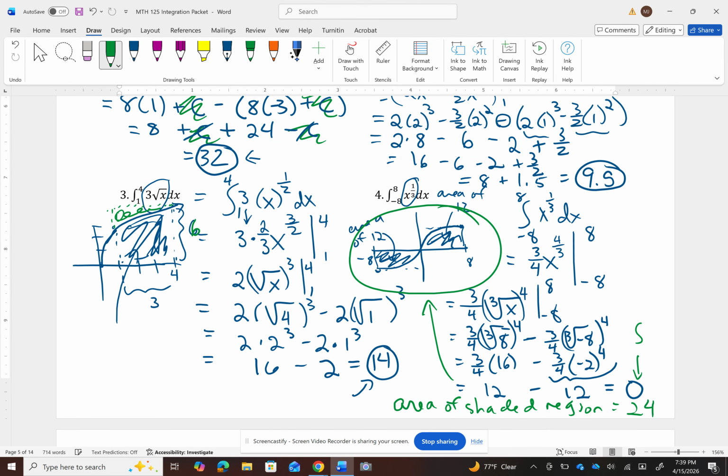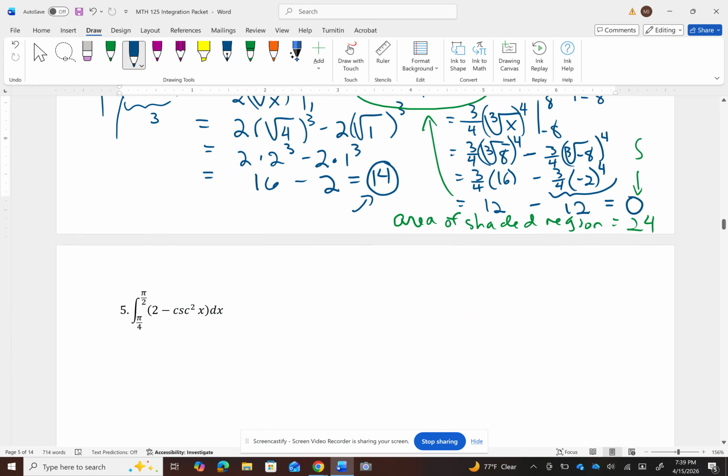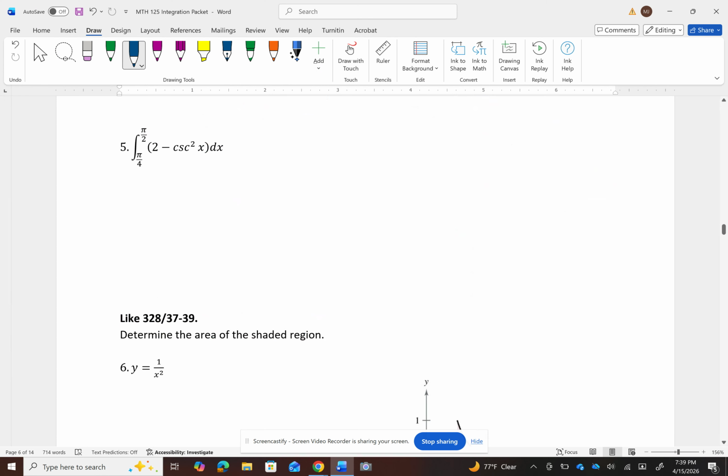Okay? So the integral isn't simply the area, it's the net area between your curve and the x-axis, where it's counting the things below the x-axis to be negative and the things above positive. All right, now having said that, that's not going to impact you at all in Cal 1. Okay. All right, let's go ahead and look at this one.